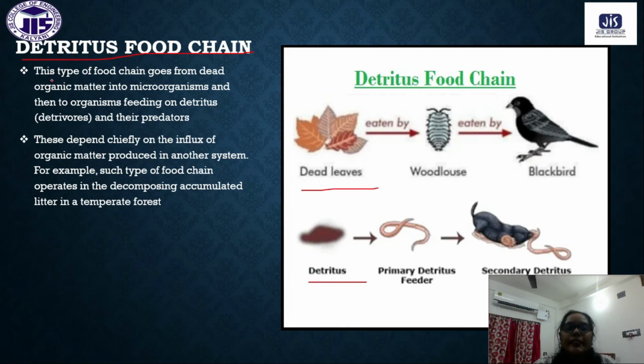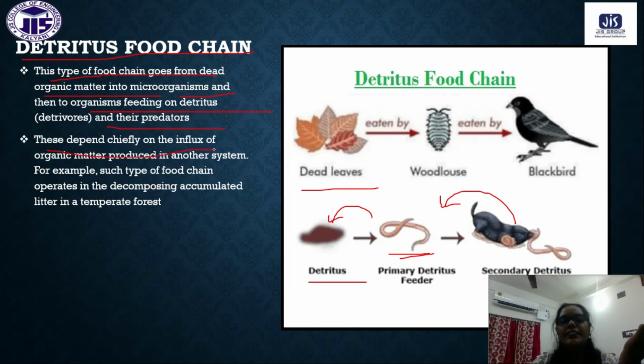Okay, so this type of food chain goes from dead organic matter into microorganisms, which feed on the dead bodies, and then this millipede will feed on the secondary detritus. So, organisms feeding on the detritus and their predators.